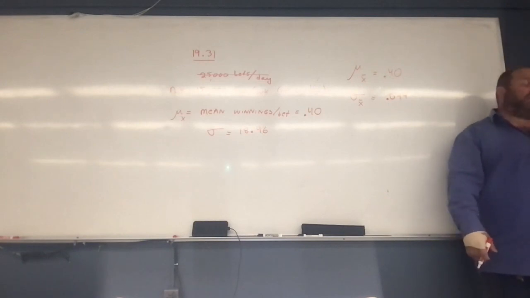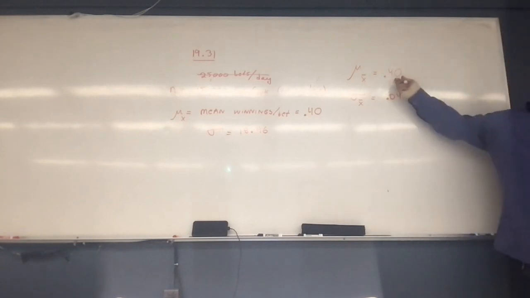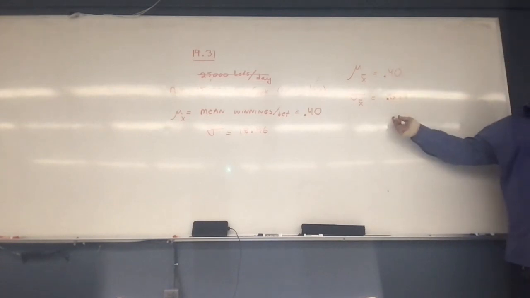Okay, so that means if you took all 150,000 bets, the average of those will be 0.4 with this standard deviation.